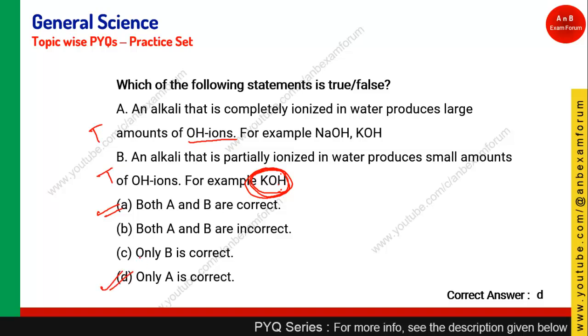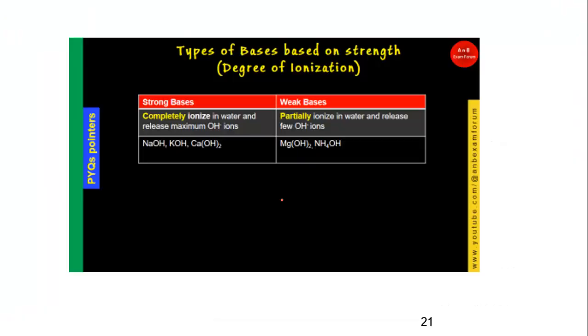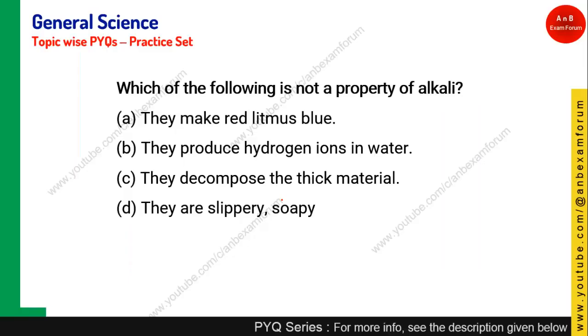So only A is correct, and option D is the correct answer. Because of the KOH we got confused, so you need to read the full statement very carefully. So these are the two types of bases based on strength.